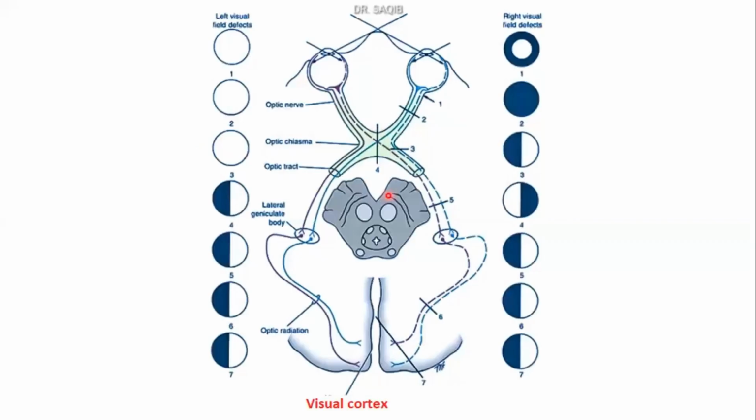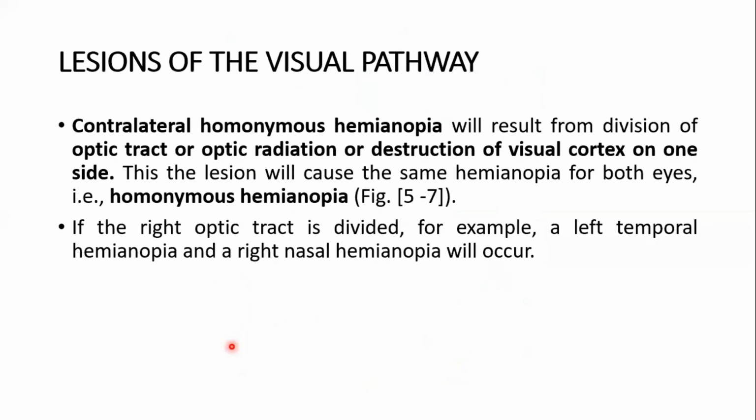Then number 5 to 7, you first see this number 5, 6, and 7. Number 5, what happens over here? This is again the loss of vision on the temporal side. So this is called the homonymous. The exact word is homonymous hemianopia.